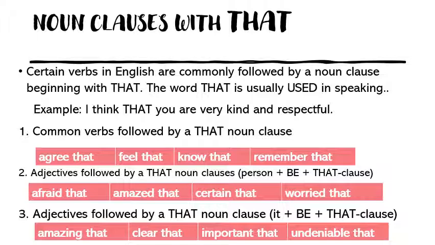There are also other adjectives such as amazing, clear, important, undeniable that can also be followed by a noun clause beginning with that. These adjectives must take the subject it as opposed to a person. For example, it is amazing that you are willing to work so hard.